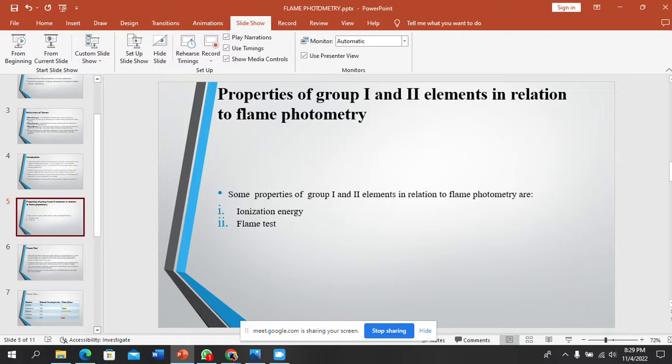So of course we know that when you have a sample, let's say you have a sample of sodium, when you burn it in a flame, it will produce a certain color. So in this specific area, we are going to look into two properties, that is ionization energy and flame test. These are the ones that we'll majorly discuss, the ones related to flame photometry.